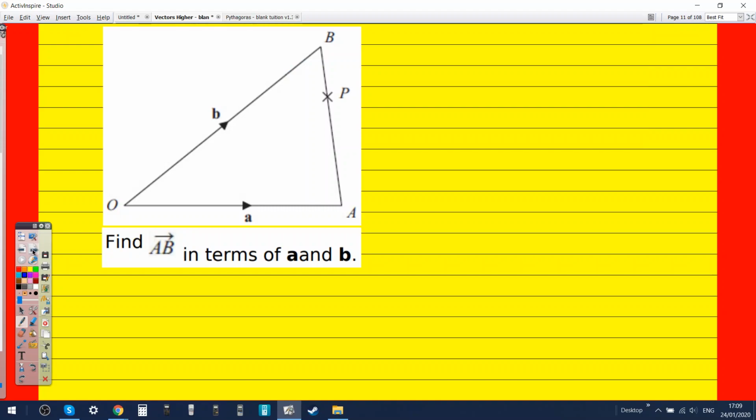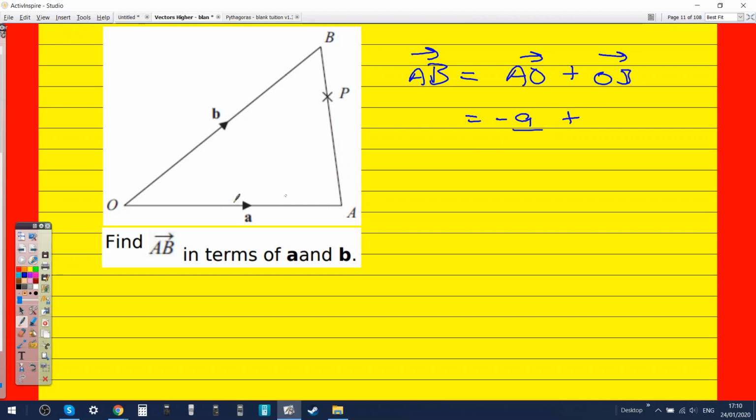Okay, exam question. Find A to B in terms of the vectors a and b. -a, +b. So it's -a because, well, basically A to B, you don't know it directly, so you have to go A to O and O to B. A to O is -a.